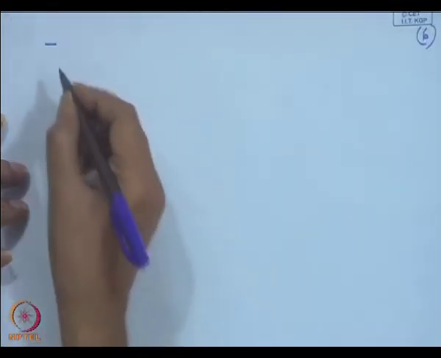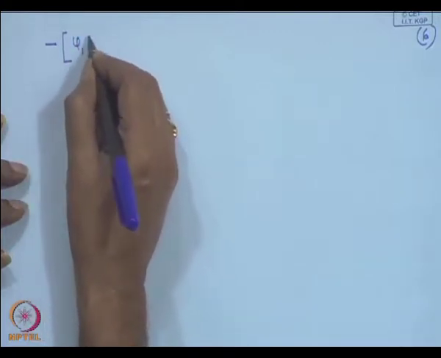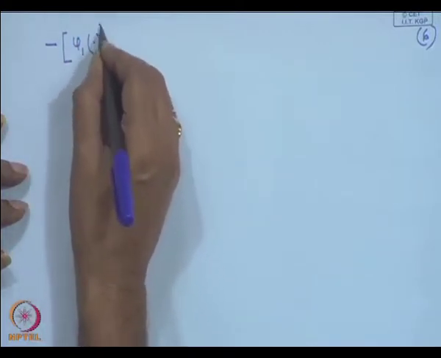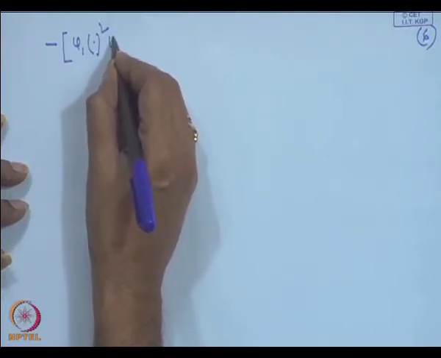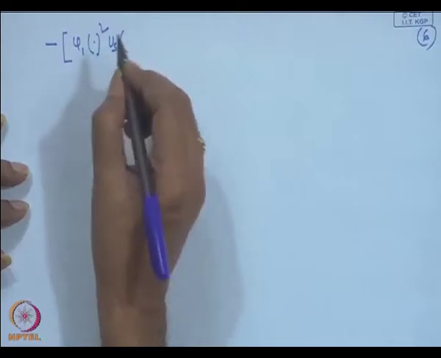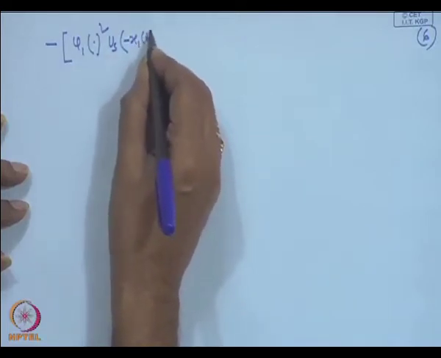So, I am writing minus psi 1 square dot u s. Psi 1 is what? Minus x 1 of t.